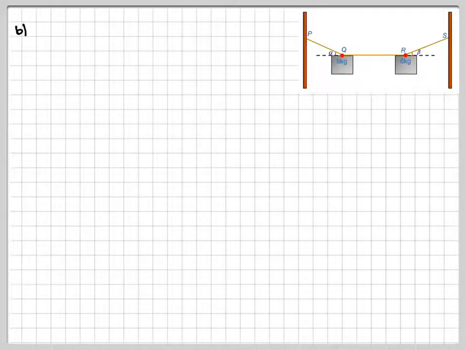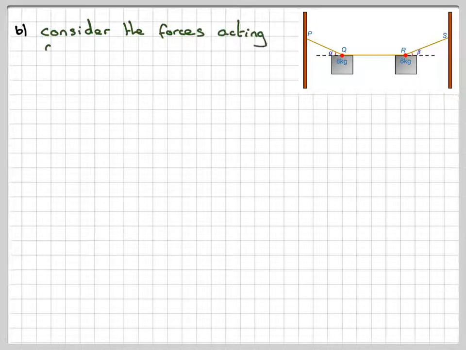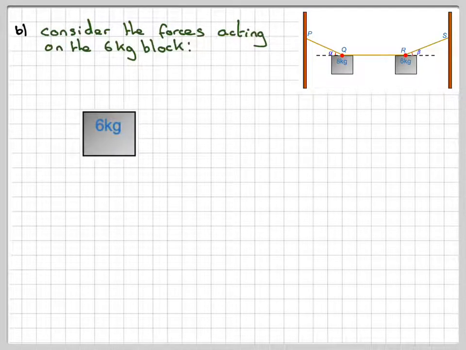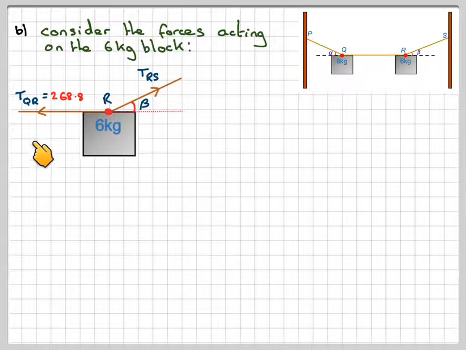Right, we're now going to consider the other block, this one here. Again, drawing a force diagram. We're going to have TRS, this one here, acting from R, at angle beta. And we're going to have TQR, which we already know, just calculated to be 268.8 newtons.